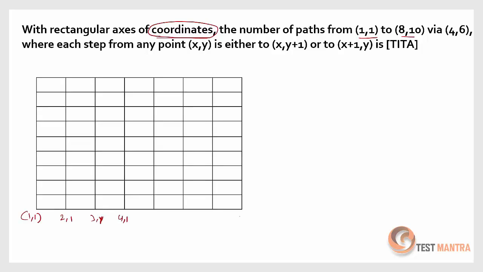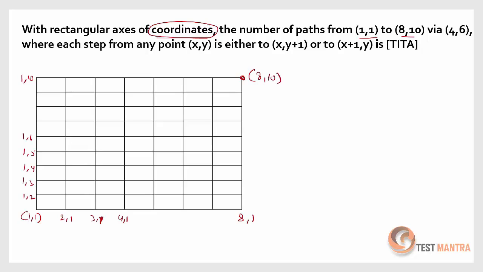Likewise it will be 8,1 here, right? Then it's 1,2, 1,3, 1,4, 1,5, 1,6. It goes up to 1,10. So this point is definitely 8,10, which is given there.